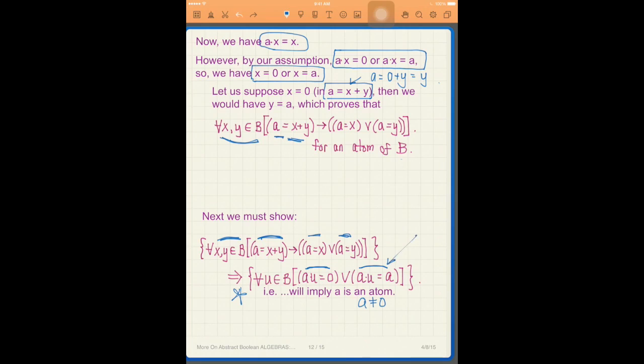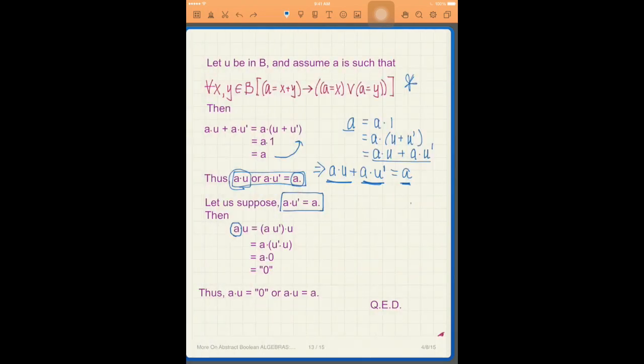So we're halfway there. But now how do I get this 0? A times U is equal to 0. Well, if I suppose that A is equal to A times U complement, then I replace that A times U complement for A. Then I multiply by U. I can use the associative property for multiplication and group these two values at the end.